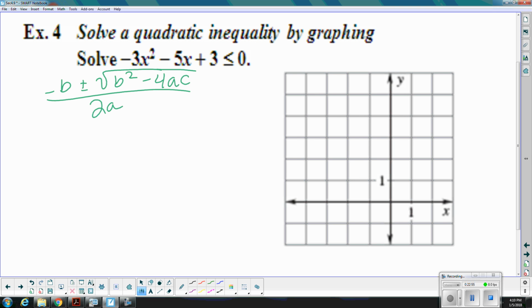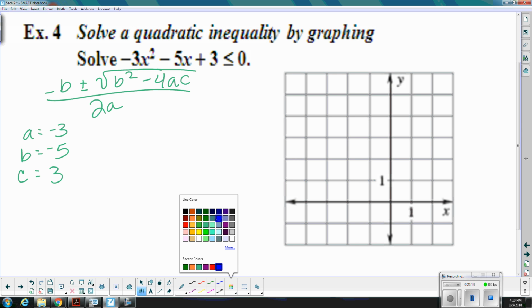So first we want to get this into standard form, which it is, it's set to 0. And now we want to identify our a, b, and c. So a is -3, b is -5, and c is 3. And then we can use that to substitute those values into our formula.